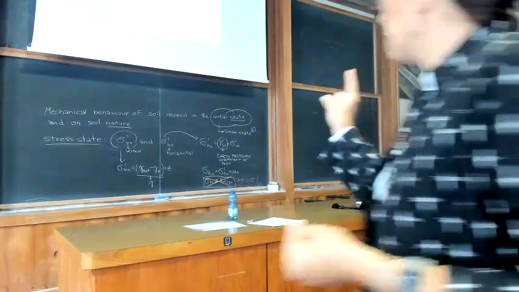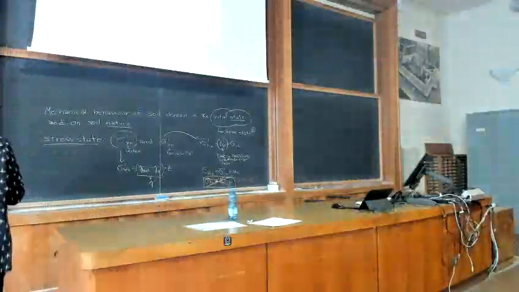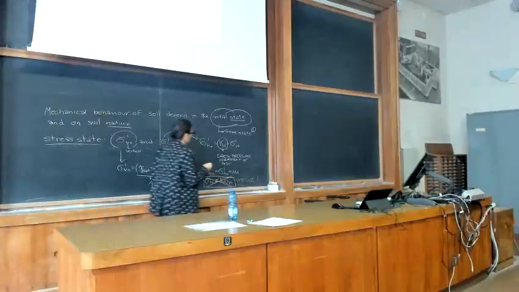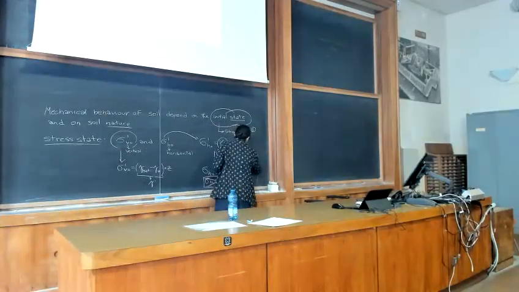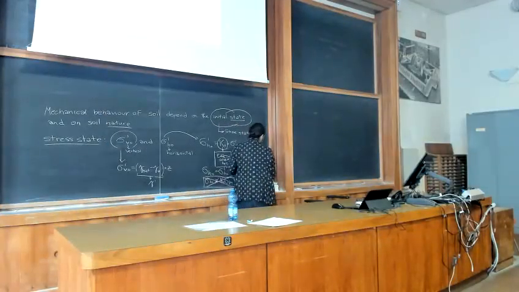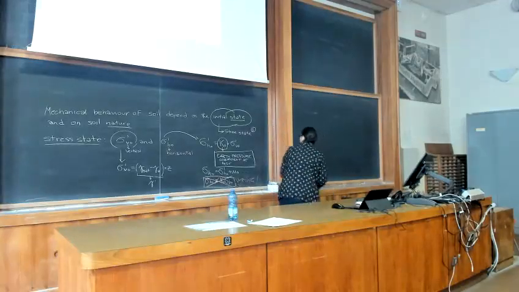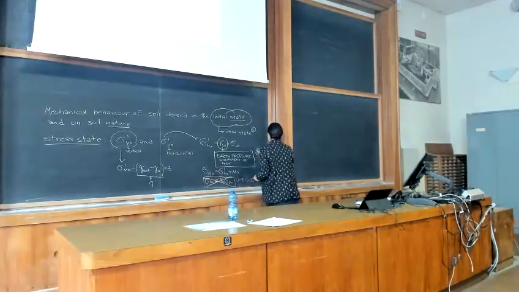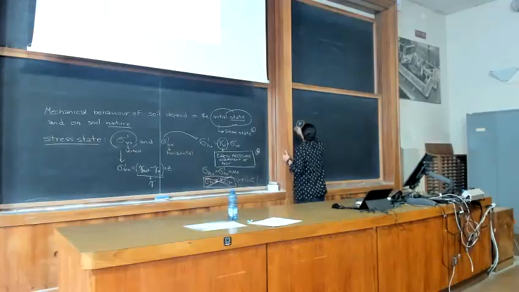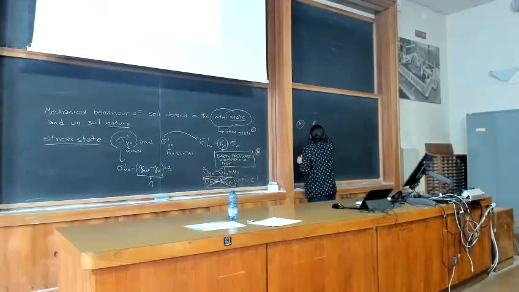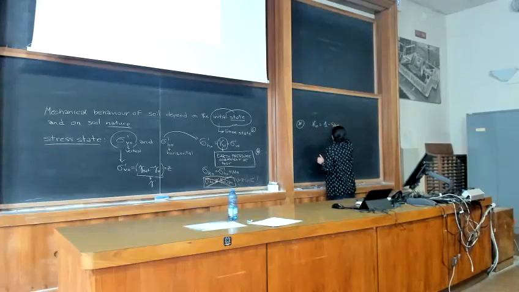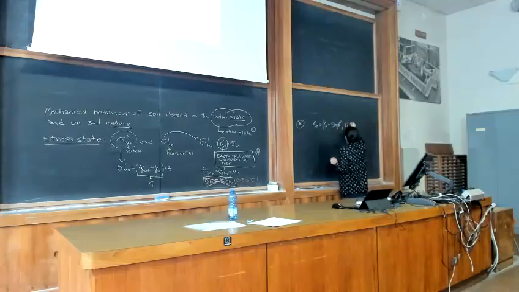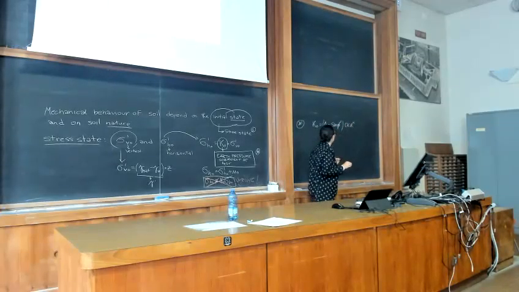So this K0, this earth pressure coefficient at rest, can be calculated. Sorry, I write the equation here because there is no more space. K0 is 1 minus sin phi dash, multiplied by OCR with an exponent alpha.